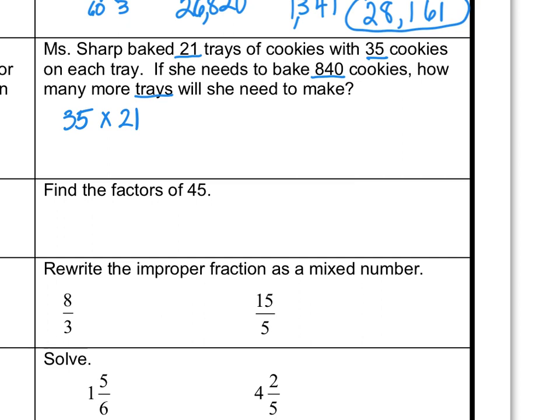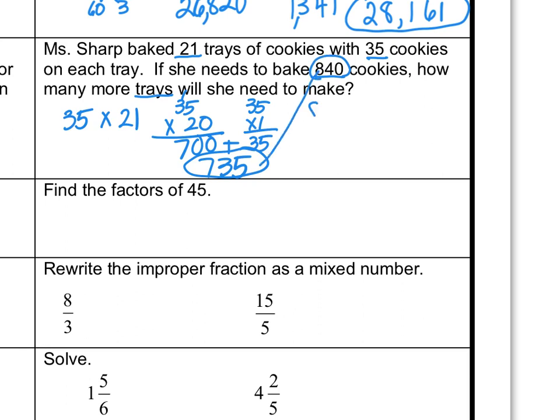We're going to break that apart into 35 times 20. 2 times 5 is 10. 2 times 3 is 6, plus 1 is 7. And 35 times 1, of course, is 35. So now we put those together, and we've got 735. That's how many she's baked so far, but we're not done, okay? She needs 840. So let's find the difference between these two. 840 minus the 735 she's already baked.